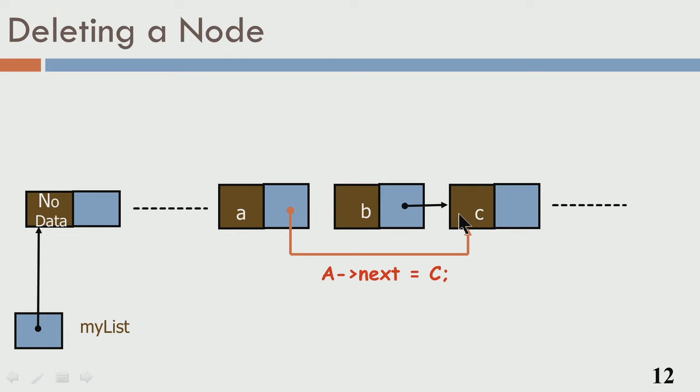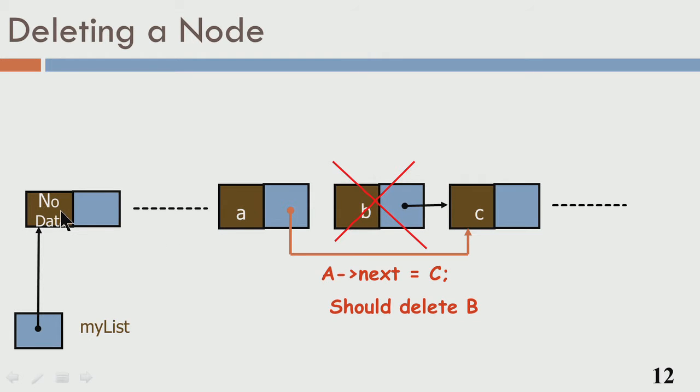This is what we want, right, and we should also delete B in the process, because right now this node is still in memory, and if we do not delete it, it is going to be a problem, right. So we need to be able to delete this also, and this will be reclaimed by the operating system. So let us see how to do that. You start from the beginning, you keep looking at elements till you reach the node. In this case you are reaching B, but you can't go to B and then delete B. So you keep looking for elements whose next pointer satisfies the criteria.